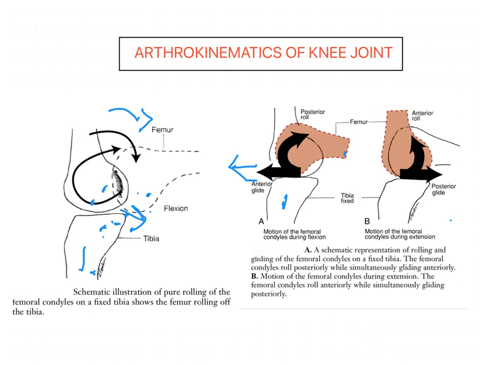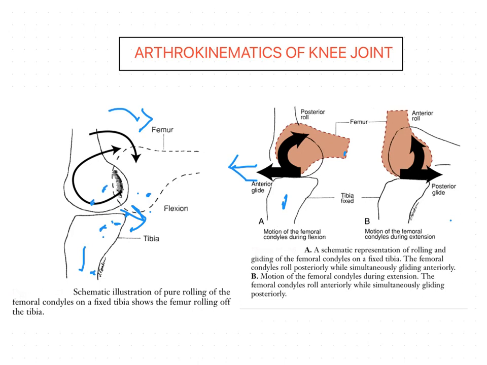After reaching some point of this posterior glide, it again rolls anteriorly to complete the extension. This is what happens when the tibia is fixed and the femur is rolling and gliding during flexion and extension.